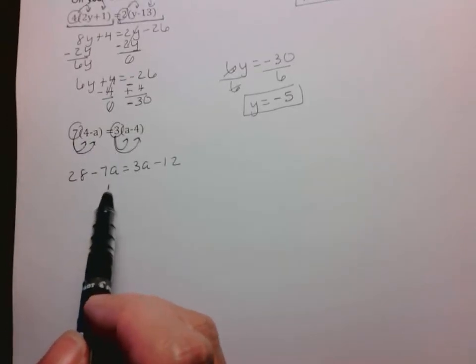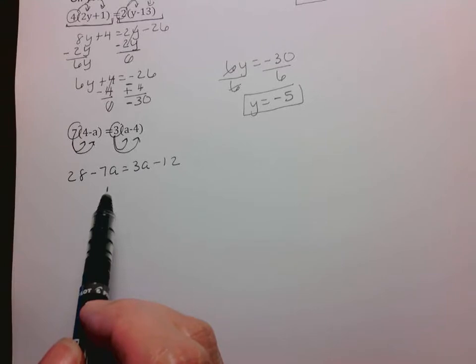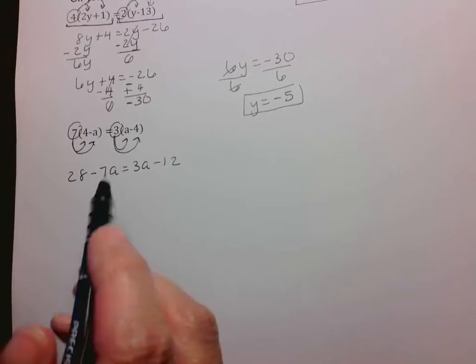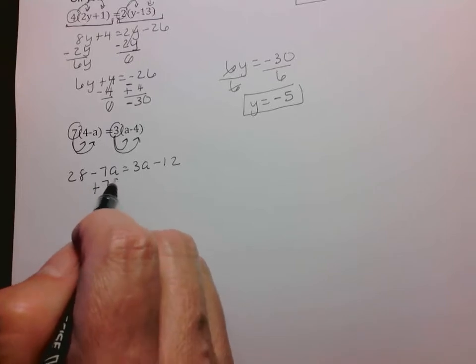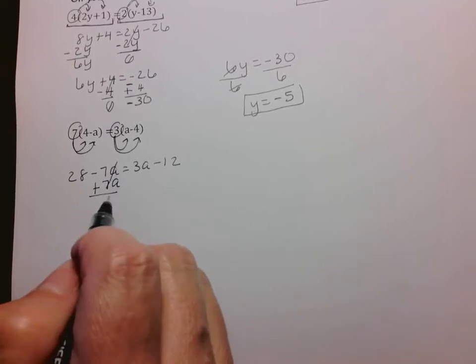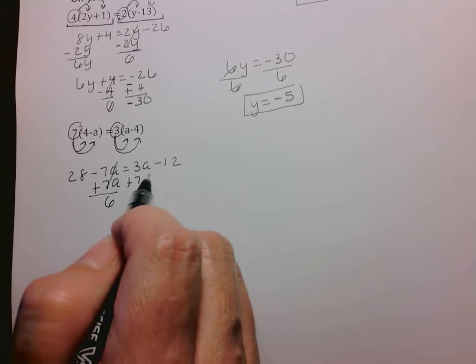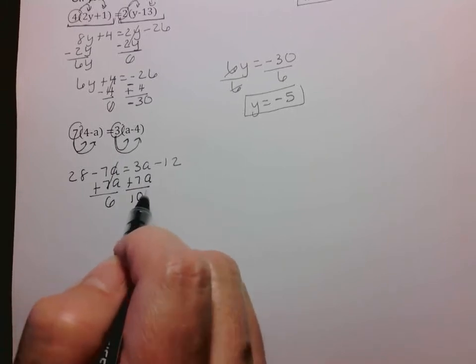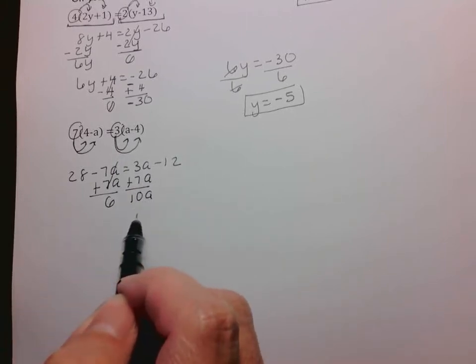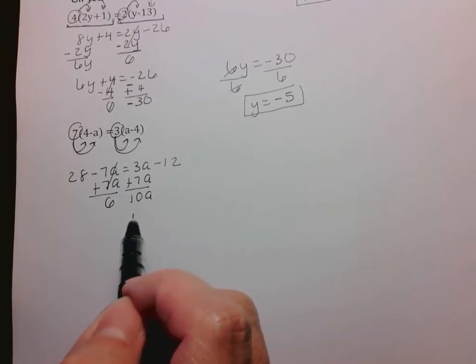It doesn't matter. Do whichever one you think is going to be easiest for you. I think personally adding 7a to both sides is going to be easier because that will give me a positive answer there. I want to try to avoid negatives if at all possible. If you didn't do it that way, again, you should still get the same answer.